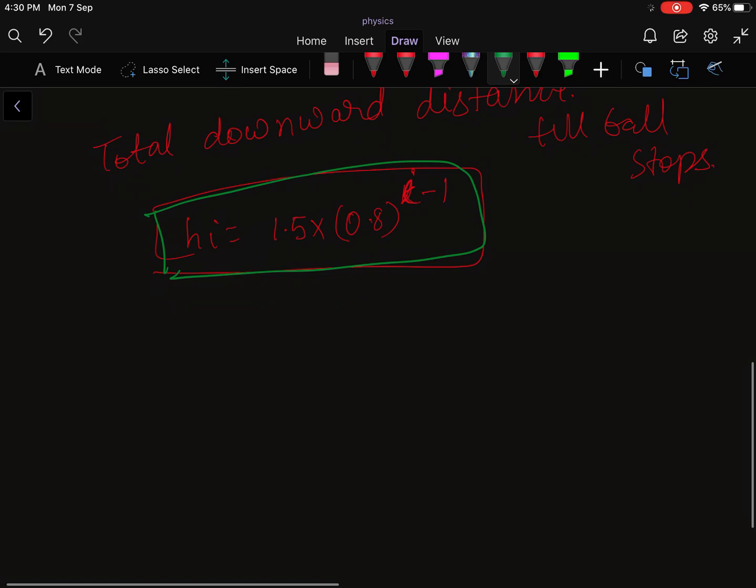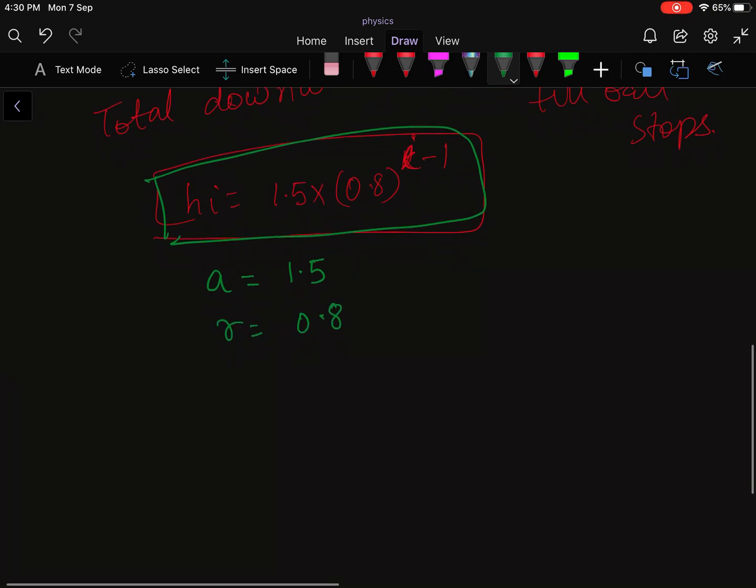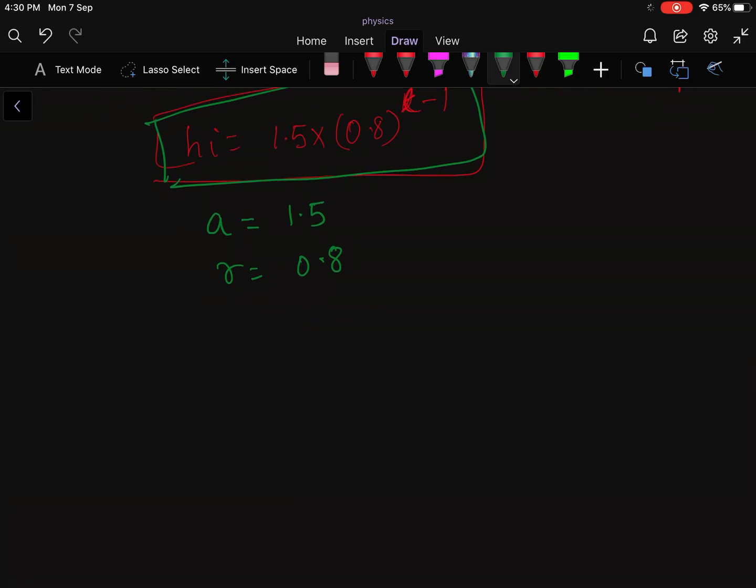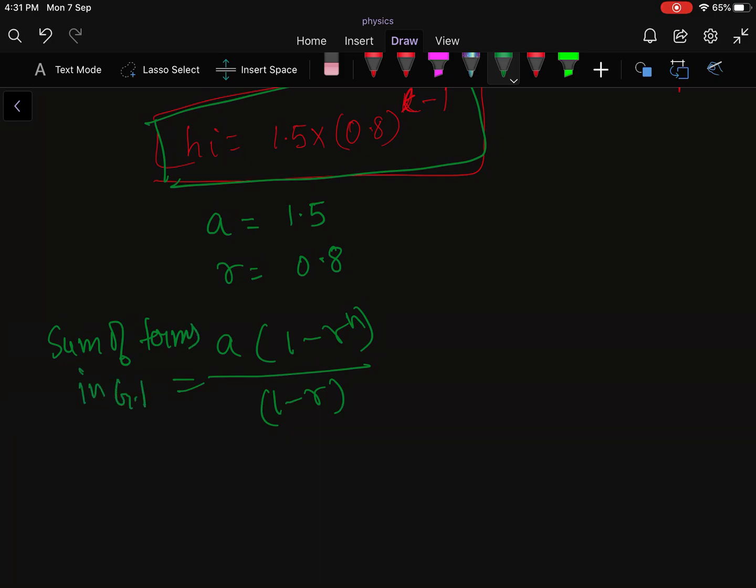So you just have to sum the GP. Here the first term a is 1.5, the ratio is 0.8, and it will bounce back infinite times. So do a GP sum. You know the sum of terms in a GP is a into 1 minus r to the power n divided by 1 minus r.